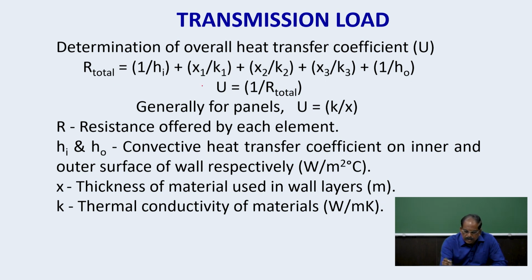And here I have taken 3 layers with 3 different types of insulating material of thermal conductivity K1, K2 and K3, and the thicknesses of the material are X1, X2 and X3. So let me write this and explain.